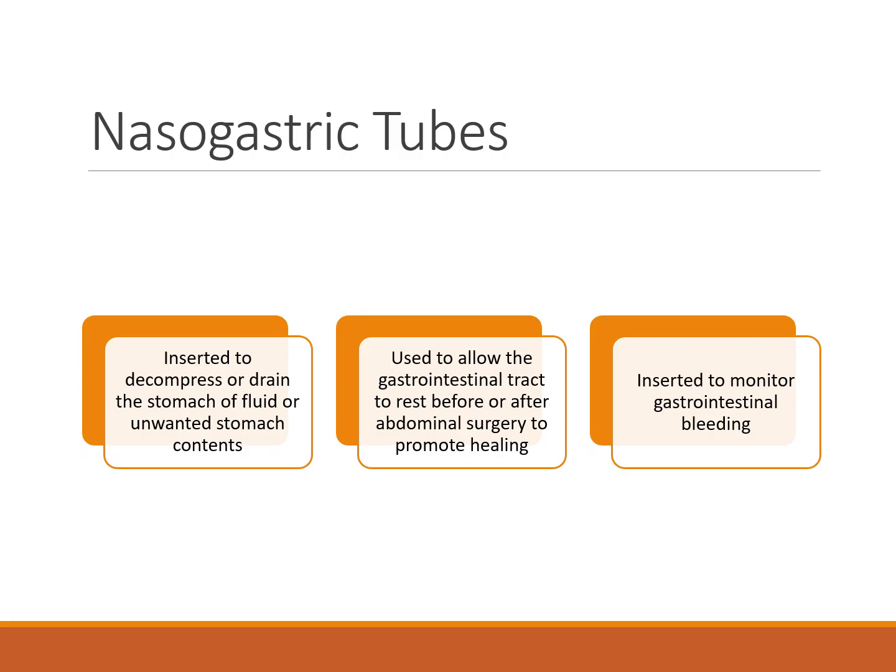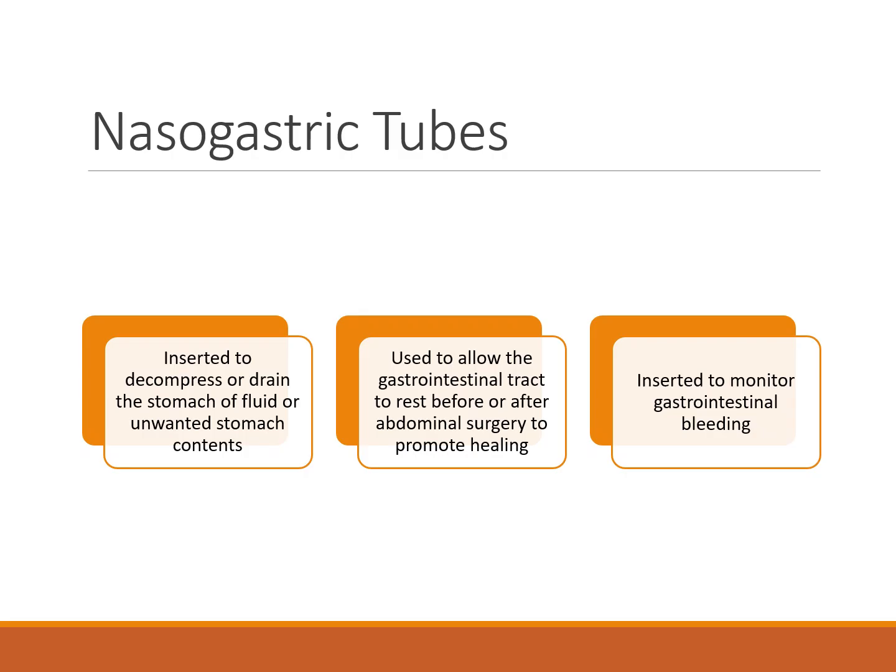Some nursing responsibilities include insertion and removal. You'll be learning how to do this later in the program, not this semester, but there are some directions on how the skill is performed in your textbook. We do irrigate the tube using 30 to 60 milliliters of normal saline every 4 to 8 hours to keep the tube clear.